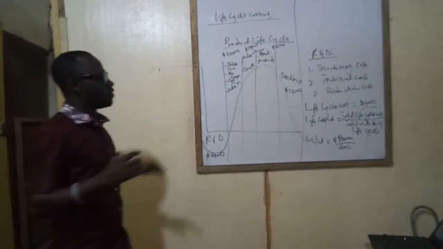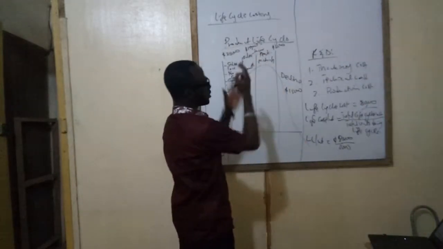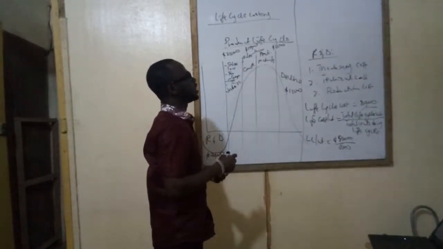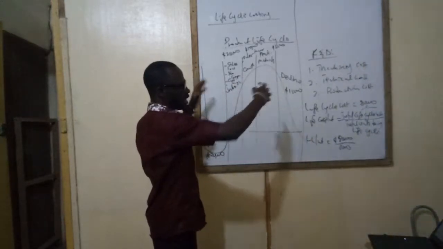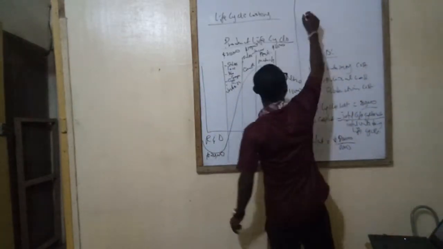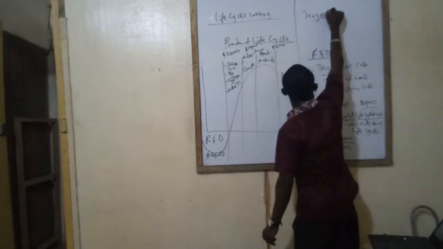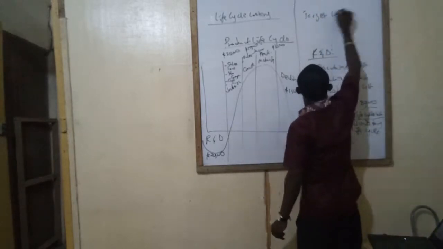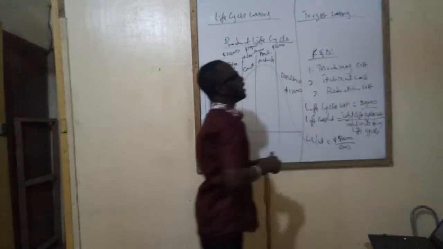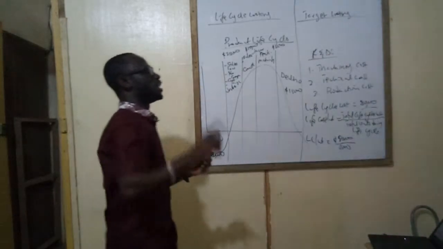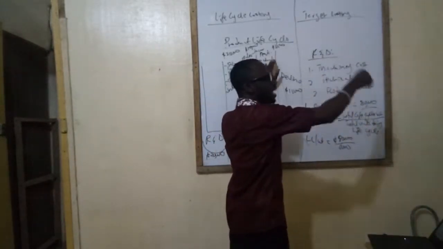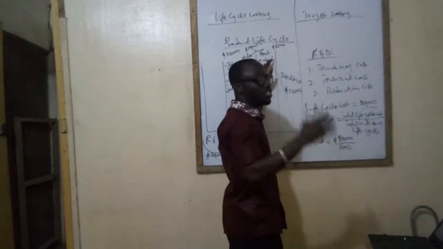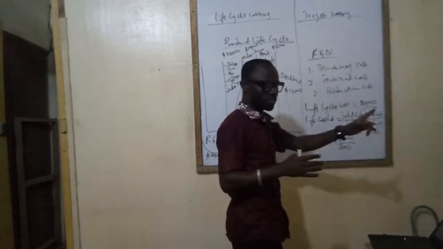Now, life cycle costing is closely related to target costing. So we're going to be doing that hand in hand. So what is target costing? Target costing is simply the cost expected to be incurred in order to achieve a desired profit.